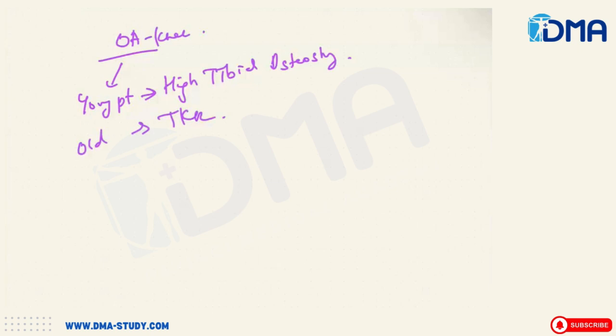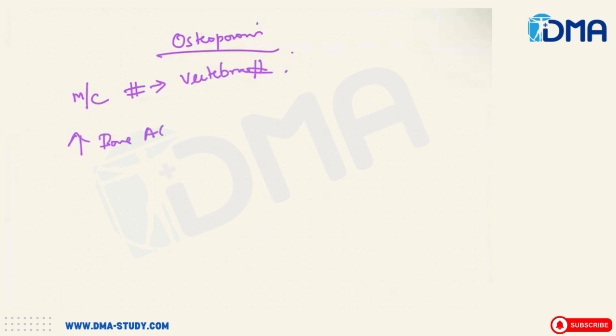Then osteoporosis. Osteoporosis is basically the breakdown of the bone matrix, right? The most common fracture that you have in an osteoporosis condition will be the vertebral fracture. And here there will be an elevated bone alkaline phosphatase. And of course, after destruction, there will be decreased bone mass.